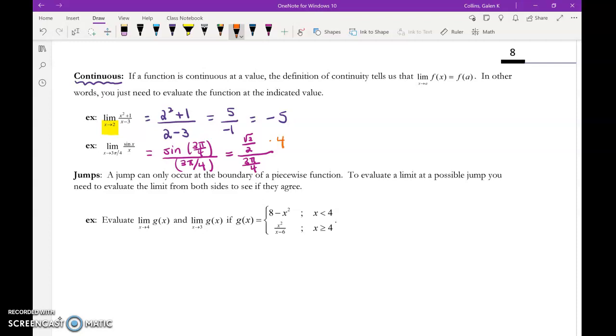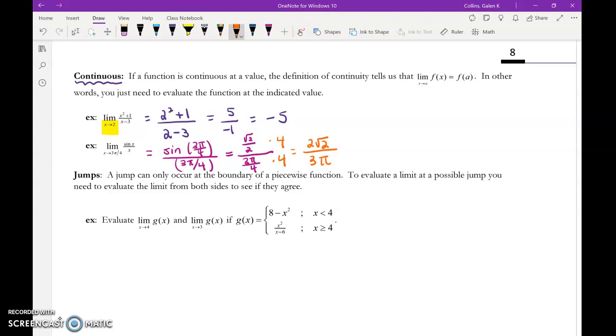And the reason that'll help us is it will clear both the denominator in the bottom and the denominator of the fraction in the numerator. So we could also multiply by the reciprocal of the denominator. I kind of like doing it this way. So root 2 over 2 times 4 is 2 root 2, and 3 pi over 4 times 4 is just 3 pi.